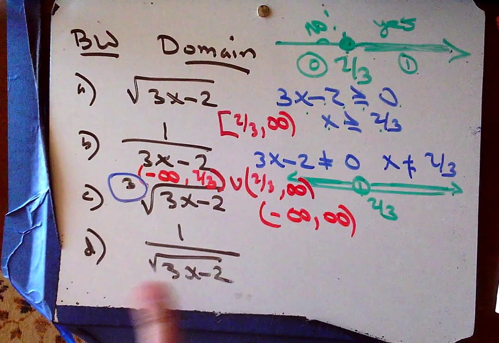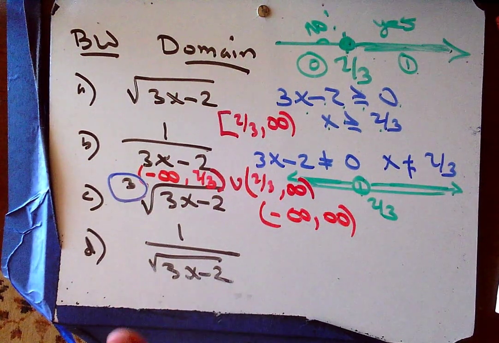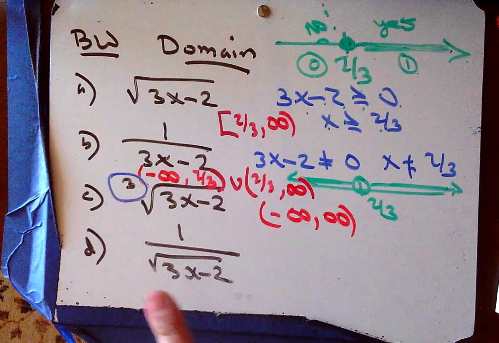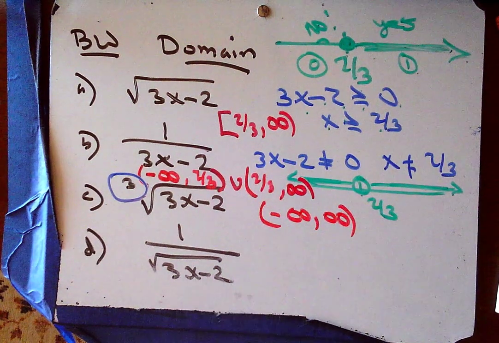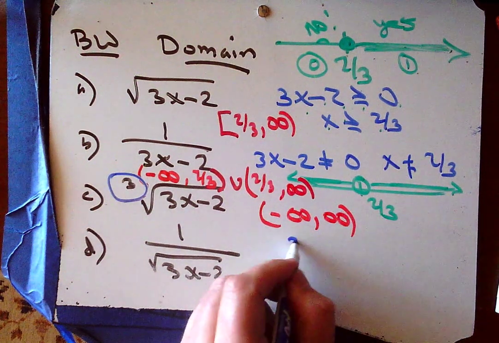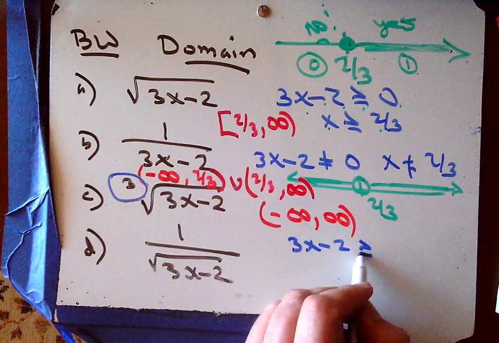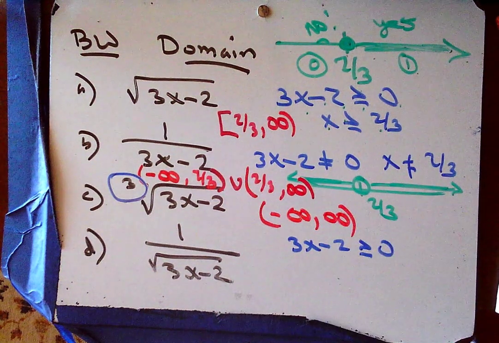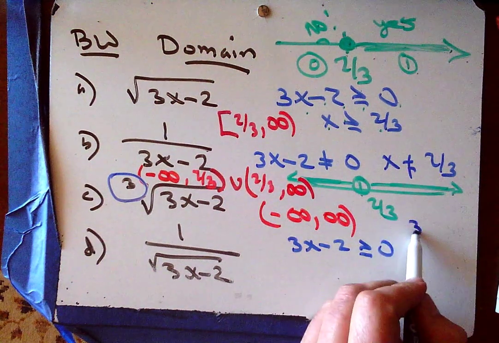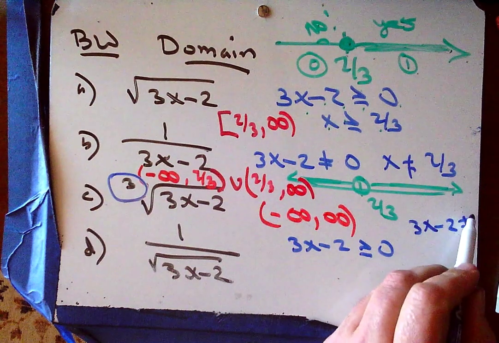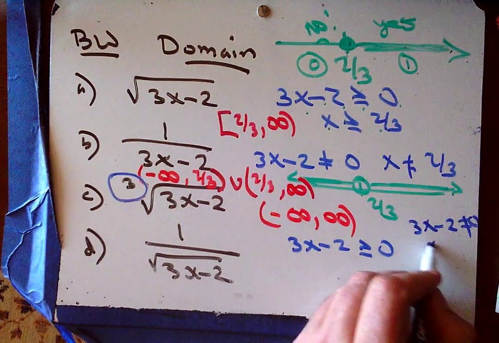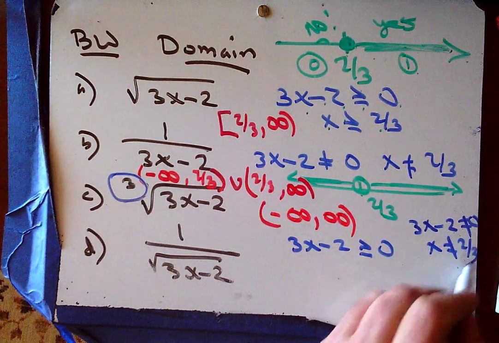Now this one has two restrictions. The denominator can't equal 0, and the stuff under the radical has to be greater than or equal to 0. So let's see how we would approach this. I would say 3x minus 2 greater than or equal to 0, but I would also say 3x minus 2 can't equal 0. So I know x can't be 2/3.